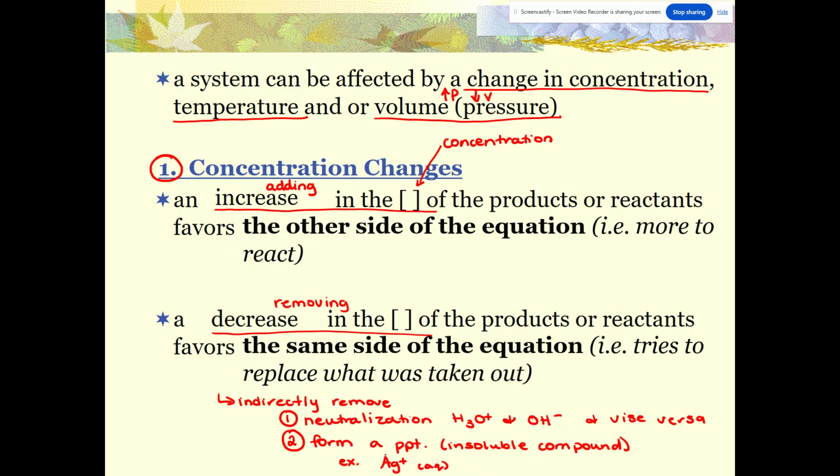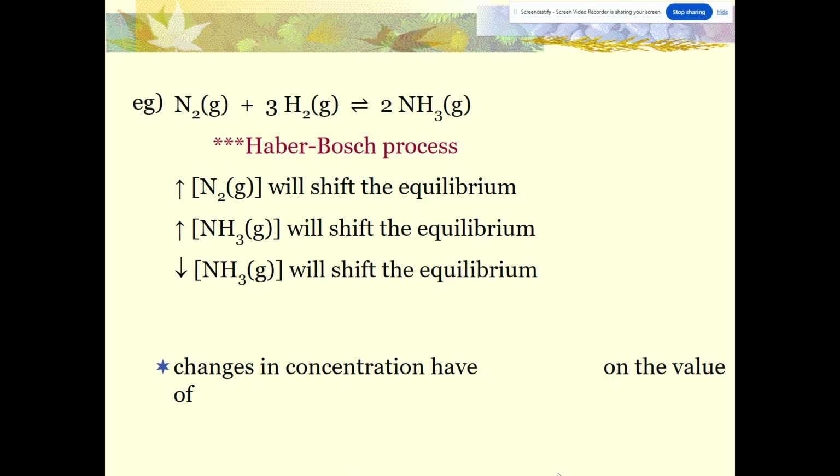And so that's going to remove the silver ions from the system as the precipitate silver chloride is produced. Okay? So forming a precipitate, again, removes ions that were once soluble because they become insoluble with whatever has been added.